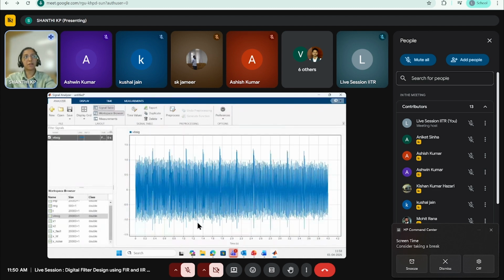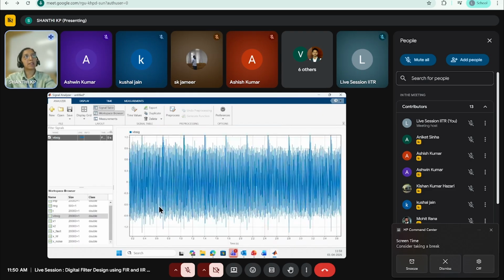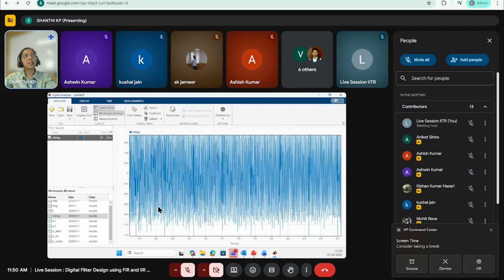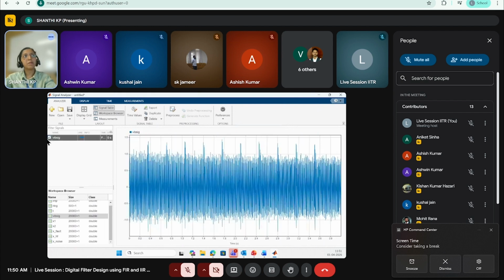Now we can see the difference in the visualization. The x-axis has now become time, and the time axis is in the unit seconds. Earlier it was in samples. In this time domain visualization, you can see a collection of low frequency and high frequency components in the signal.